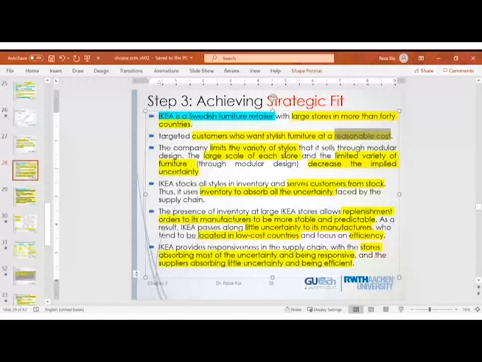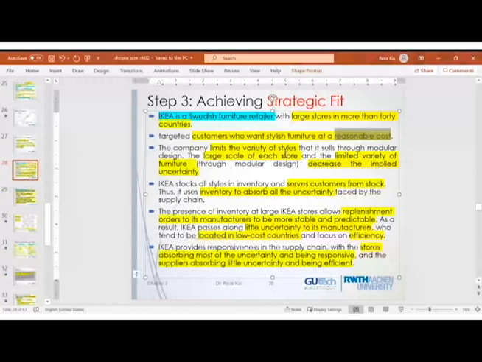And the advantage of this absorption of uncertainty by stores in the different countries is that the manufacturing stage will have a stable and predictable production amount, because most of the uncertainty is absorbed by the warehouses, by the stores. So when it comes to the manufacturing level, the level of uncertainty will be low. Why?